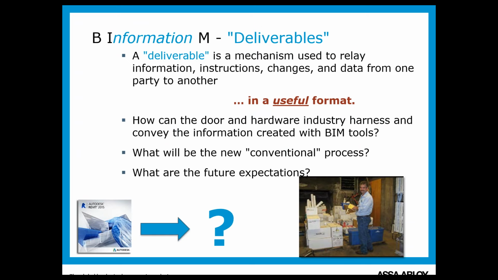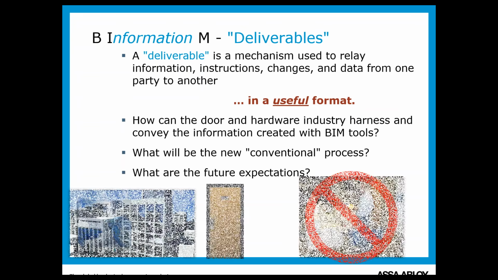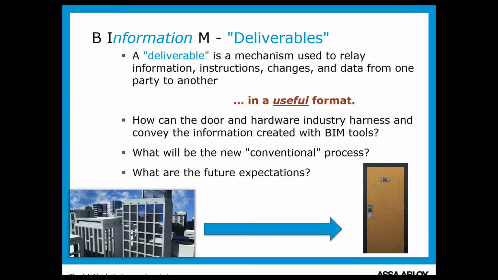What are future expectations? We do not expect that this is the future, pallets full of paper plans and paper books and all of the things that you're used to getting today for your building, your construction projects. It's going to be highly intelligent model information that can then be passed on to an FM solution or whatever you would like.